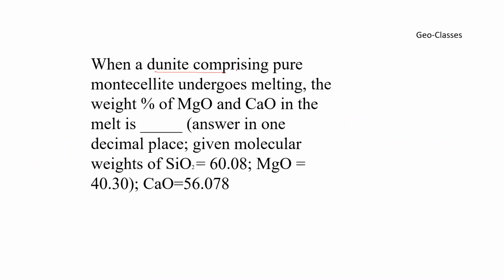When dunite, comprising pure monticellite, undergoes melting, what is the weight percentage of MgO and CaO in the melt? So for MgO, calculate, and then for CaO, calculate separately. Monticellite is an olivine, and it is CaMgSiO4.